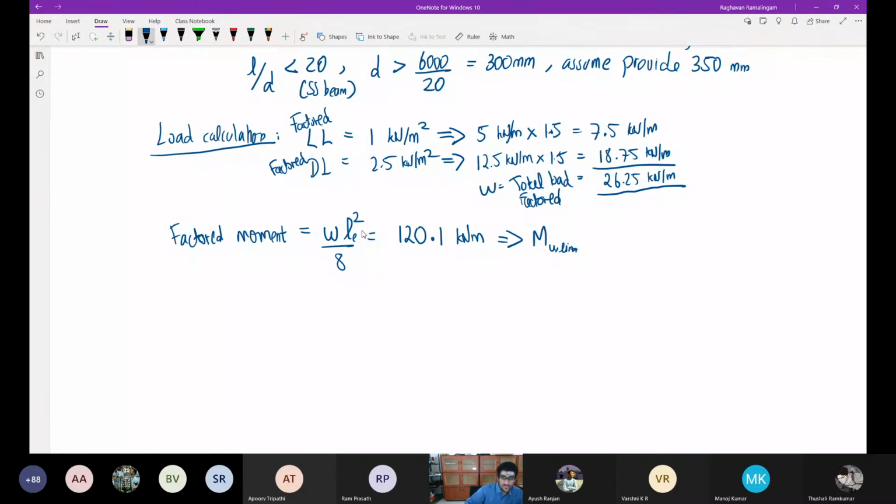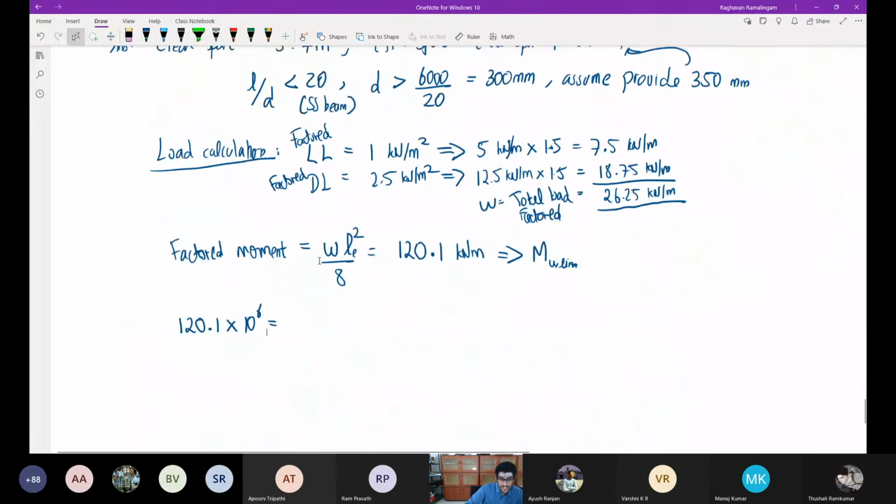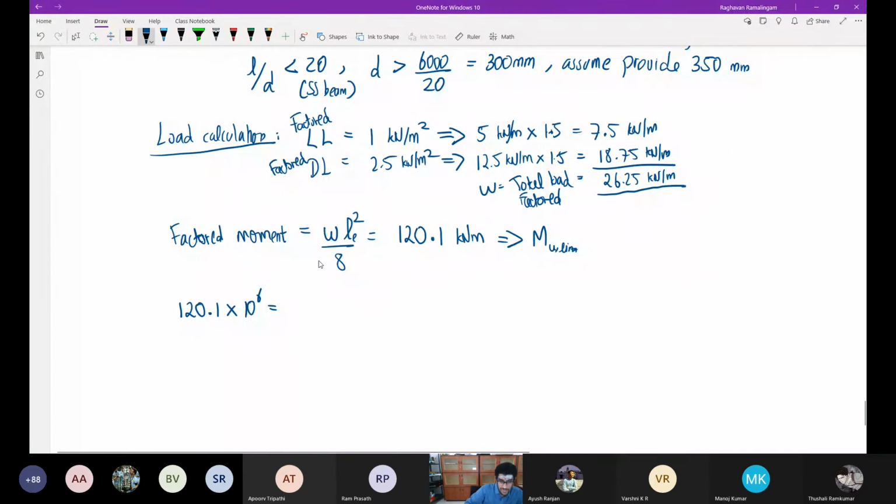We set this equal to our Mu limit. So based on our formula, 120.1 is Mu limit. Convert it to newtons and millimeters, so into 10 power 6. Our grade of steel is 500, so it will be some number times fck b d squared. Now b value I have not given.